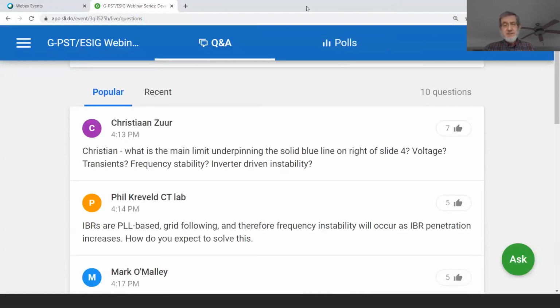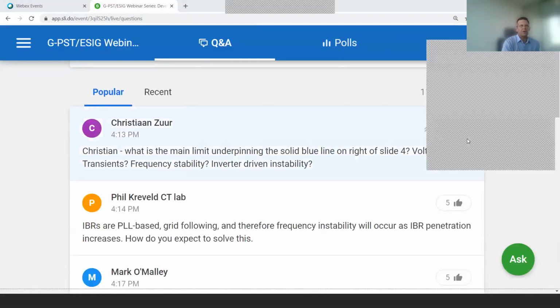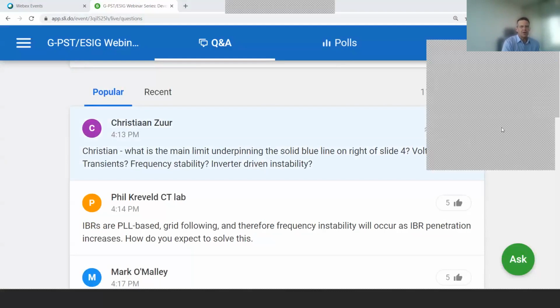That is correct. The slide that was shown was the scatter plots of the predicted or potential renewable penetrations, and the solid blue line on the far right hand side is the current foreseeable limit to operation that we currently predict based on the minimum number of synchronous generators that we foresee will be online.